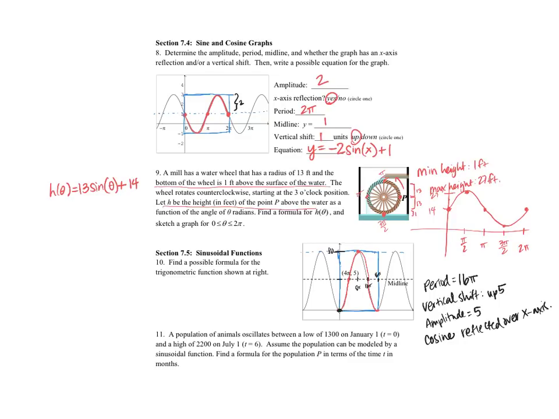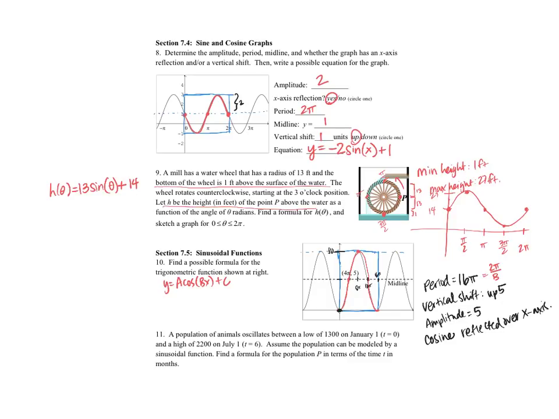All right, so I think I'm ready to write out what this is. So what I want to say is that y is equal to a cosine bx plus c. And the period is 2 pi over b. So if the period is 16 pi, then 16 pi times b is equal to 2 pi.